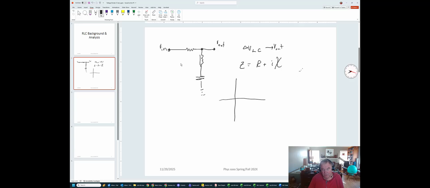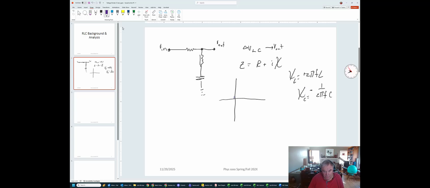And so the reactance of an inductor is plus 2 pi FL, and the reactance of a capacitor is minus 1 over 2 pi FC. And we've already established that they behave in opposite directions. So now we have a situation where we have both the inductor and the capacitor.